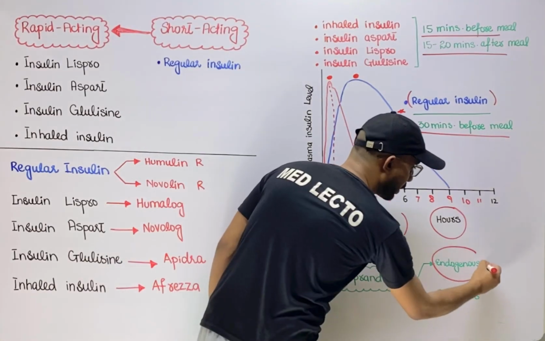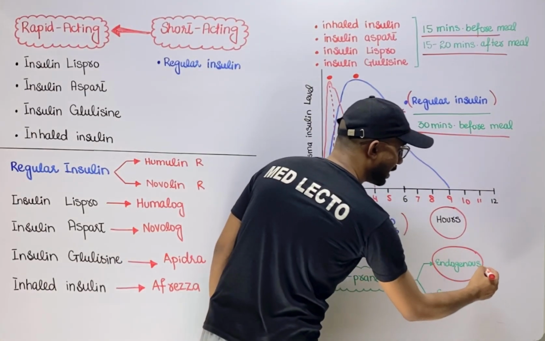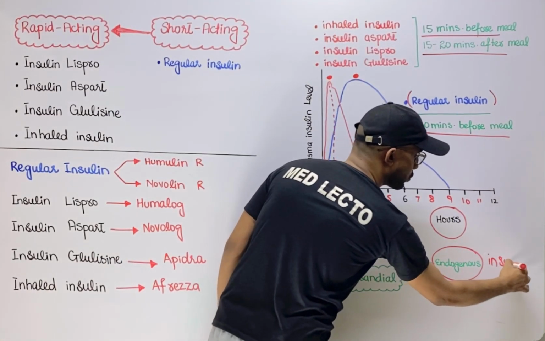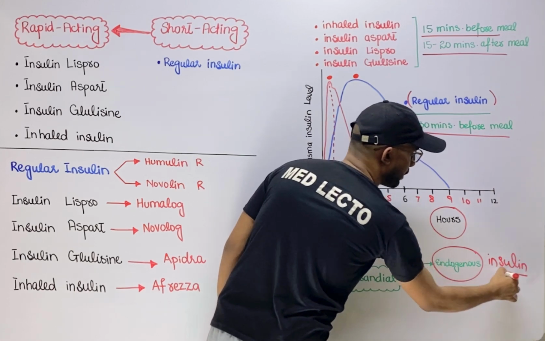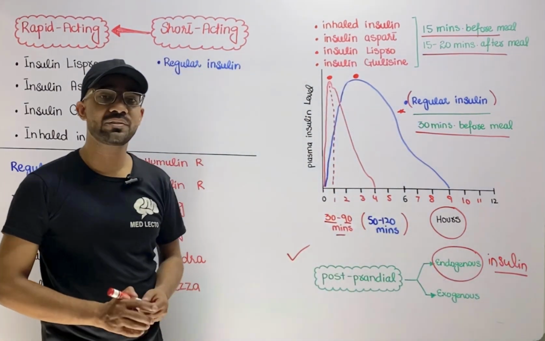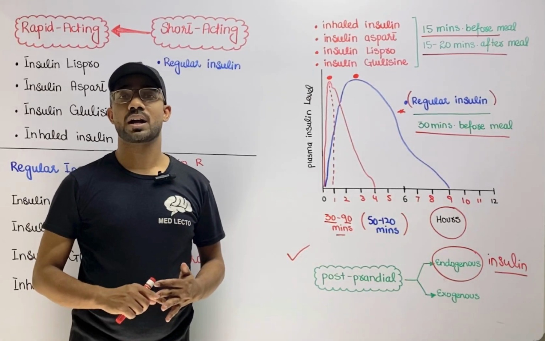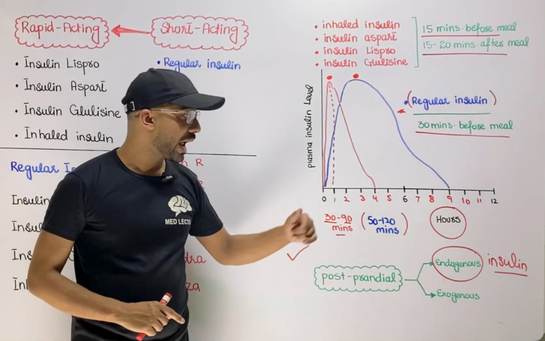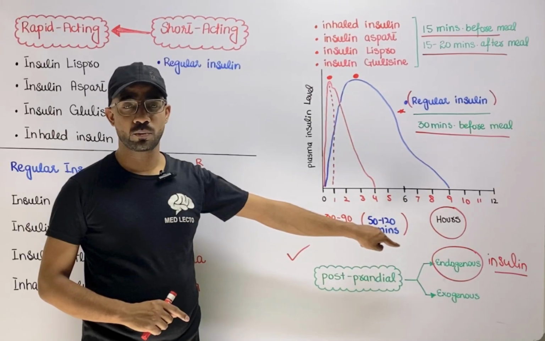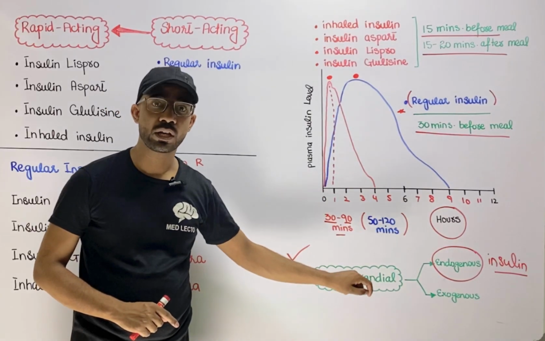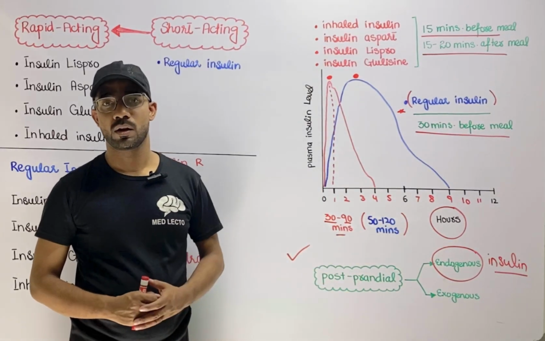That is, the body will produce the endogenous insulin. After taking a meal, glucose level starts rising, but endogenous insulin will be produced, and it will decrease the level of the glucose to the normal value.